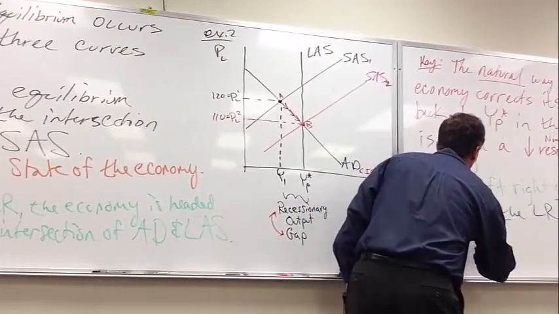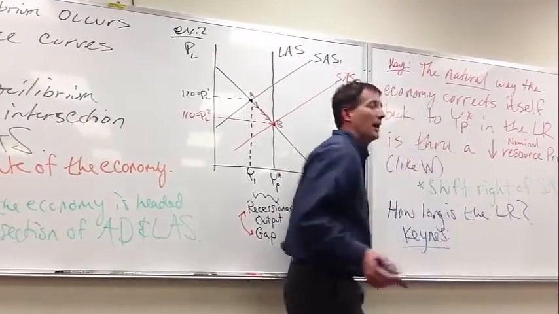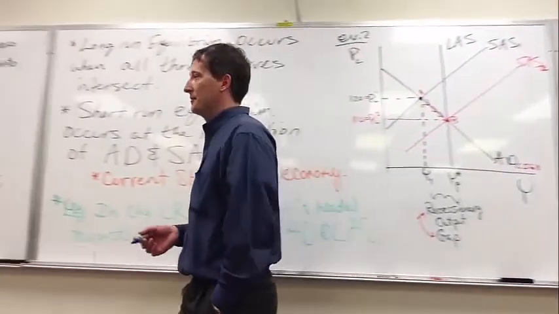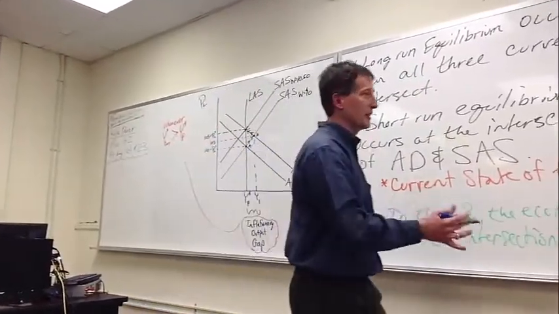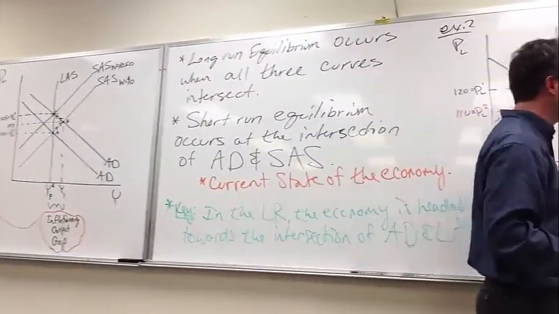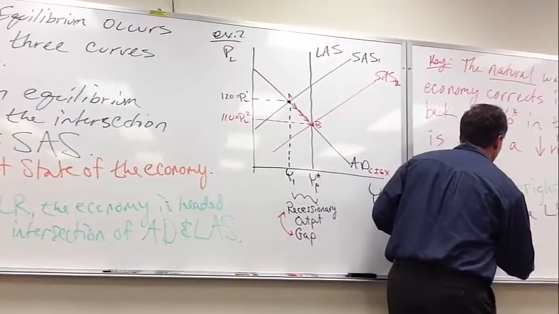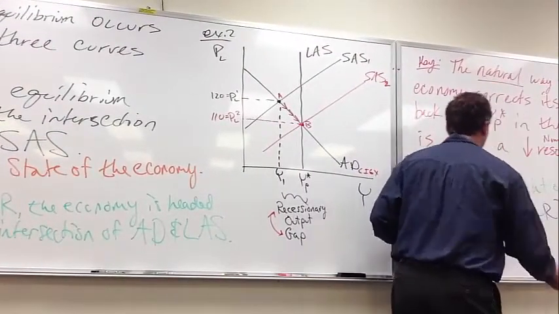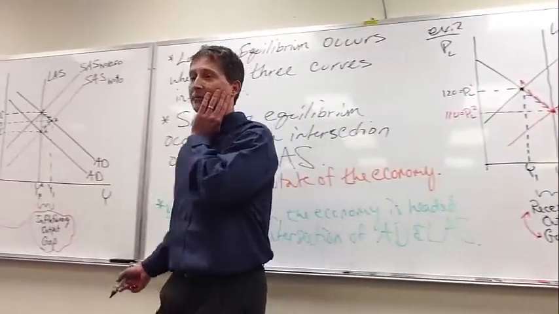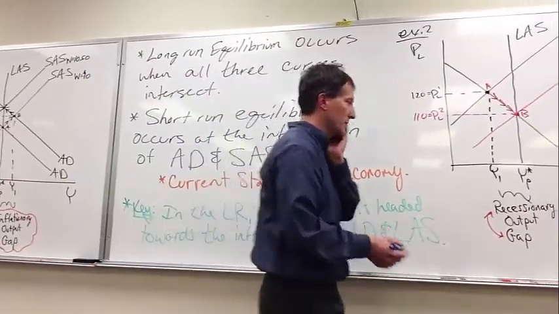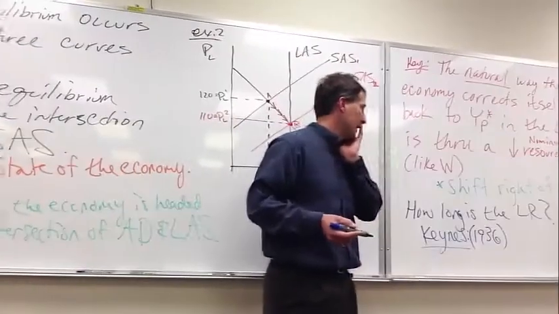Keynes, who's kind of known as the father of macroeconomics, although he's highly disputed now and there's other theories of thought that we're going to get into, wrote a book in about 1936. In fact, it was part of his dissertation for his PhD.